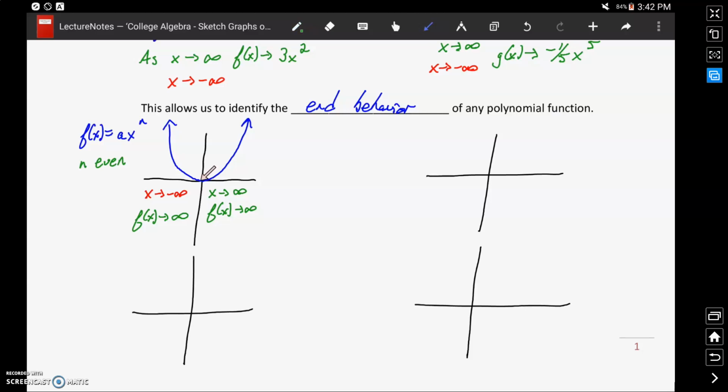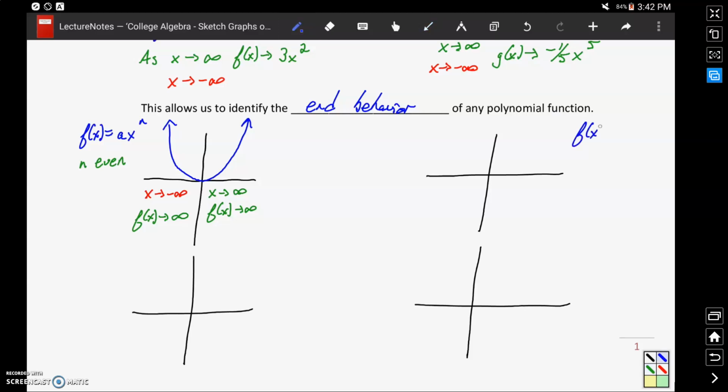So as we consider smaller and smaller values, so as x gets larger and larger in the negative direction, our function still continues to increase. And that's what we consider to be the end behavior of our function. At those extremes, what's happening? In this case, our function is headed to positive infinity at both ends.